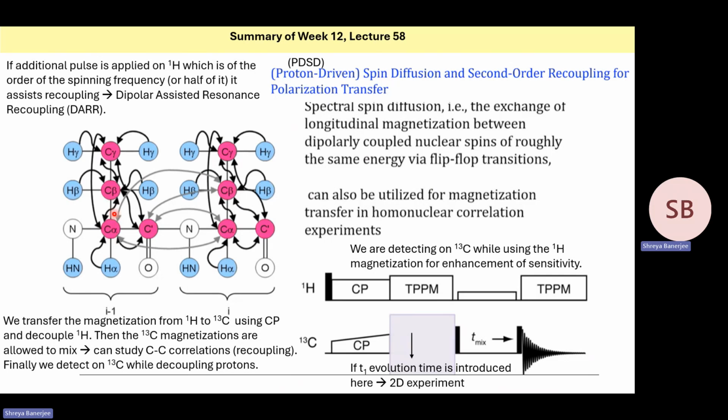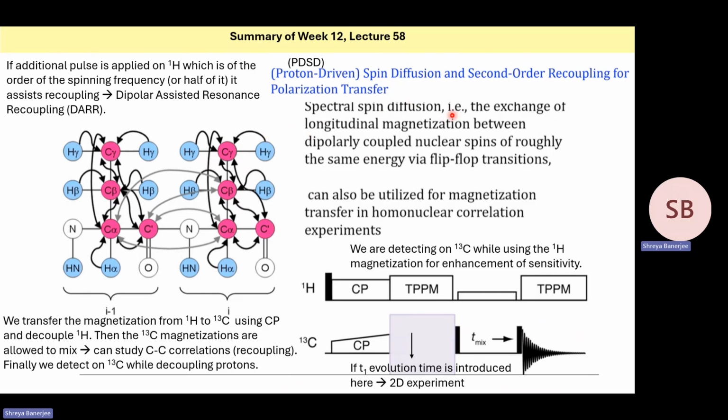If it is with an adjacent amino acid, you will get HSQC or other information. And if it is with an amino acid that is not connected to it but is close in space, you will get the NOESY information. Either way, after all the spins are allowed to mix and you study the CC correlations, finally you can decouple the protons and collect the FID, so that the final spectrum is also well resolved.